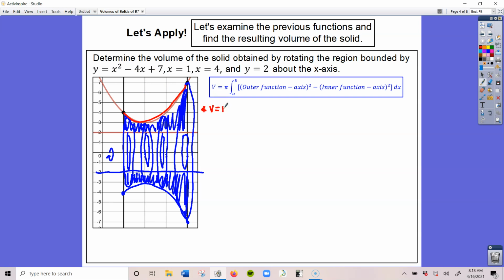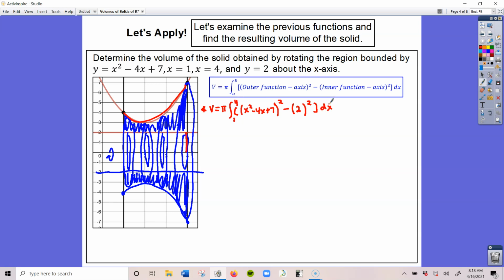Its volume is equal to pi, from a to b, this is from 1 to 4, of my outer function, which is x squared minus 4x plus 7, minus the axis of rotation, which is 0, so minus 0 squared, minus now the inner function. The inner function here is y equals 2. So this would just be 2 minus the axis of rotation, which is 0. So 2 squared.